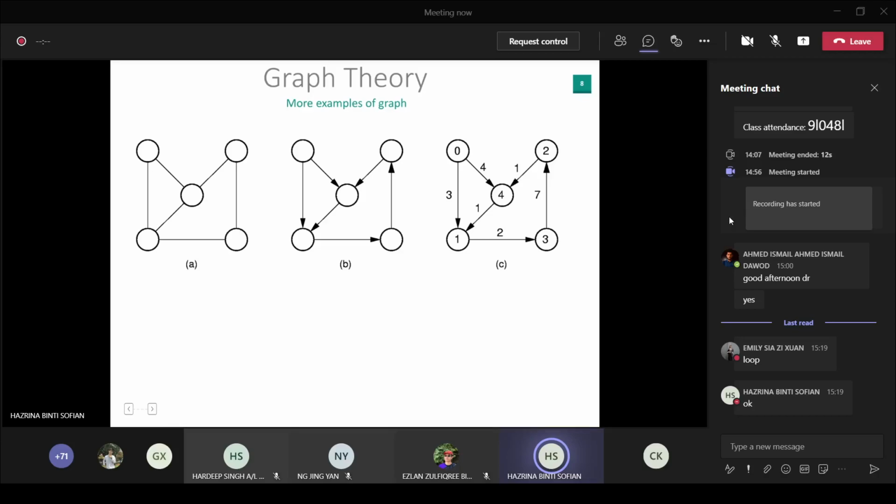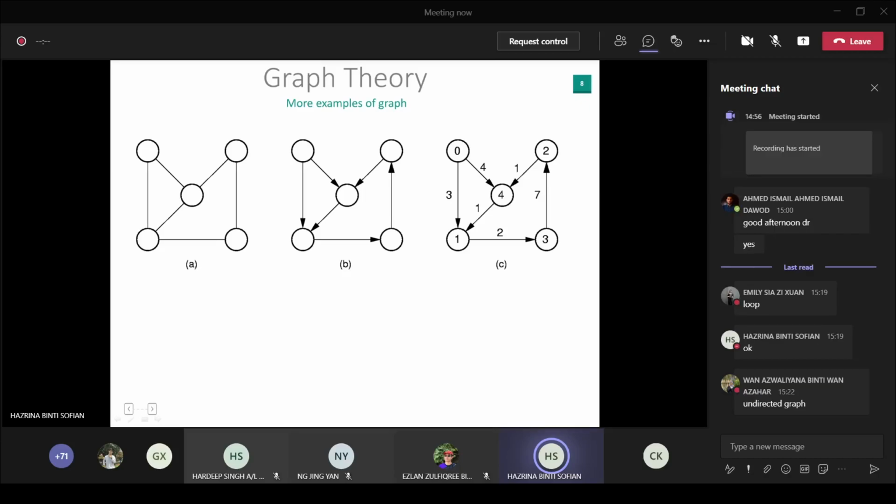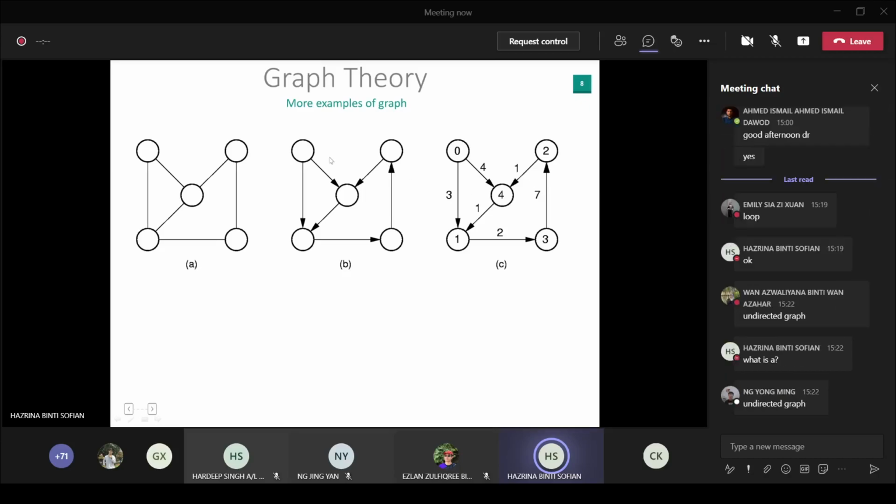This is an exercise to see whether we can proceed to the next, to elementary. So can you name me what is A? A is undirected graph. Okay, good.